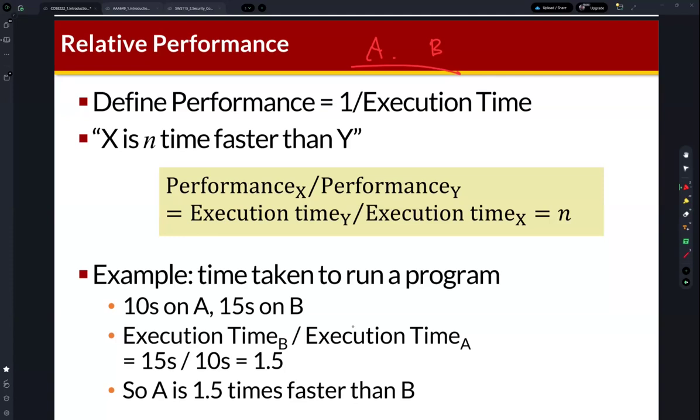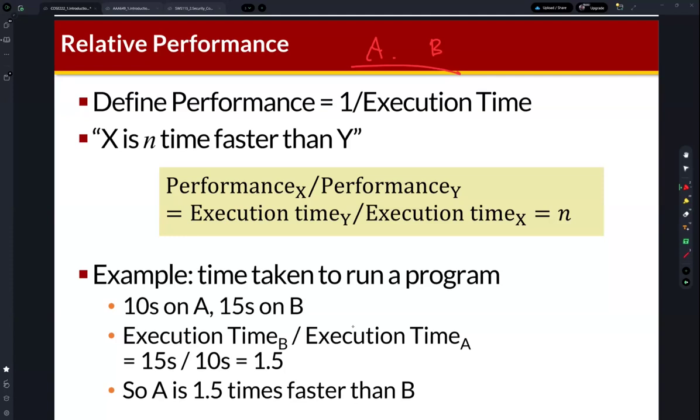Then how can I say that the performance of A is higher than the performance of B by x.x percent? Sometimes we need to compare, right? Because when we purchase a certain system, we can just compare the performance.